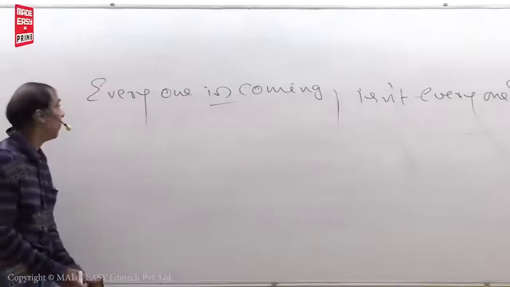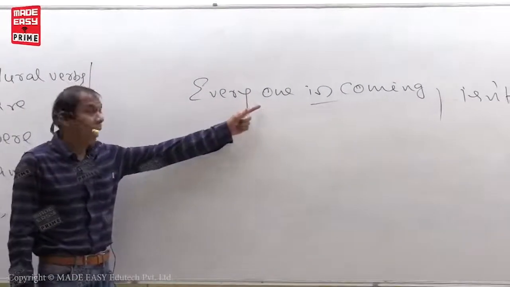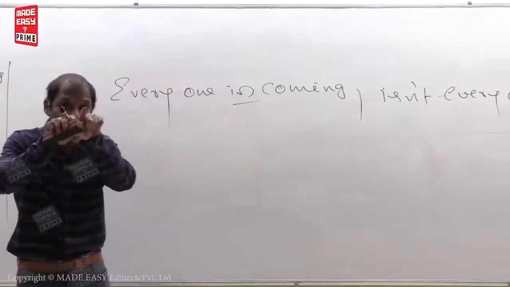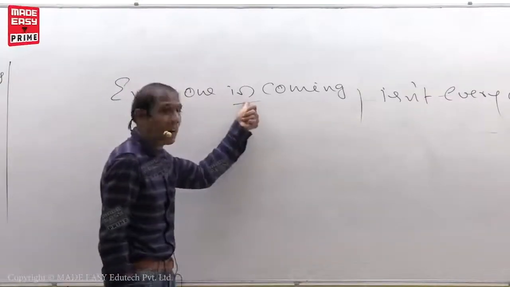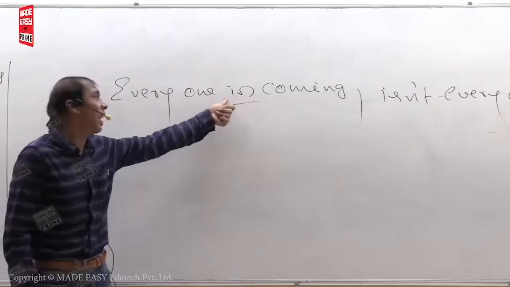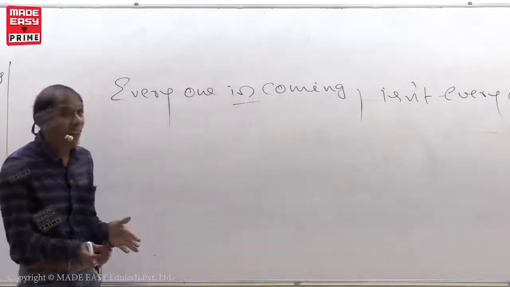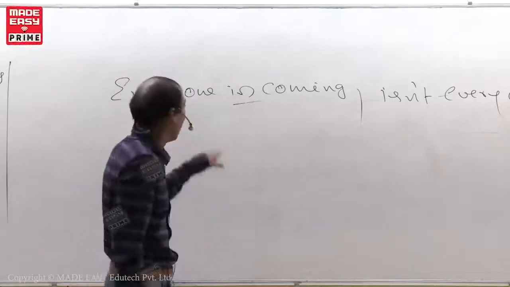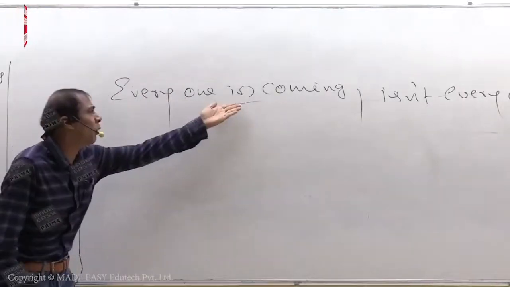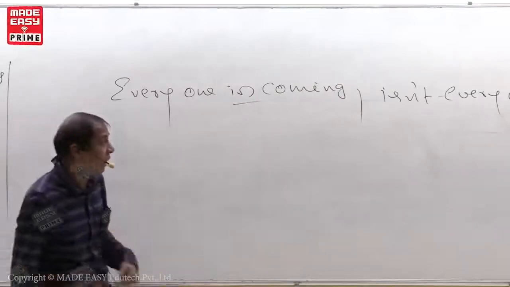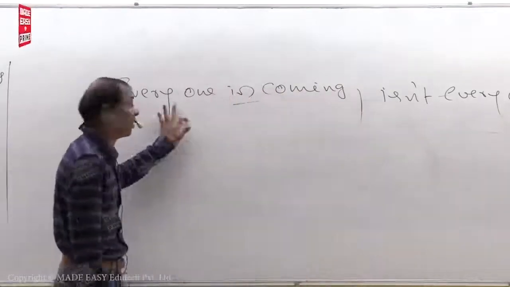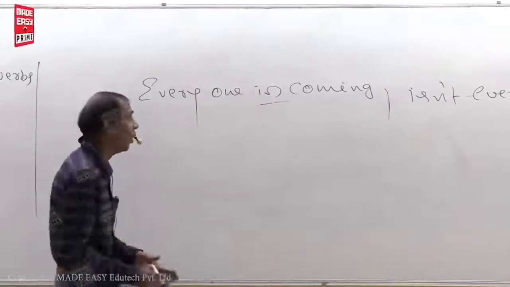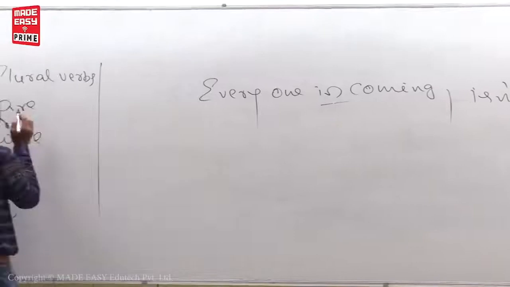I just told you: everyone, everybody, no one, nobody, someone, somebody. These 6 words at the time of statements take singular verb. But at the time of question tags, these words take plural verb. This is a statement, so I have used the singular verb here. But in the question tag, what do you have to use? Plural verb. What is the plural form of is? Are.